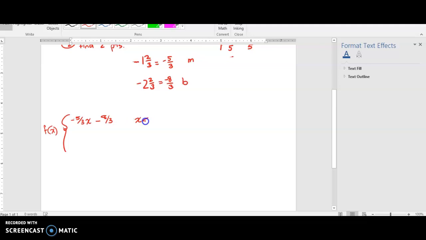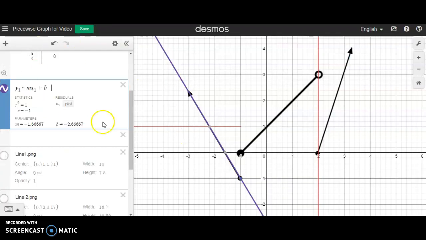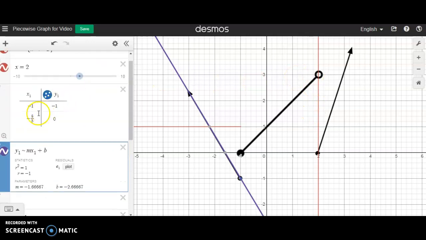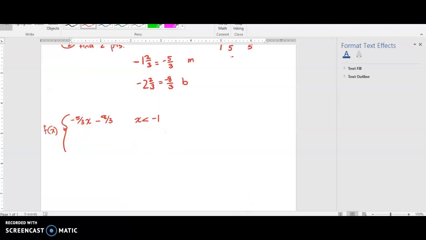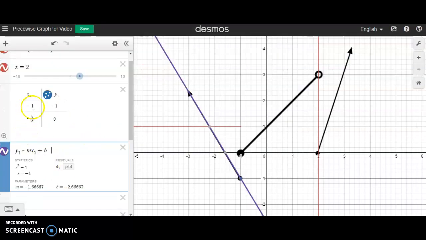That's when x is less than -1. Your first line is taken care of. Second line, I've got -1, 0, and 2, 3. There's no need. I've got it written down here. There's no need for me to do a second one.